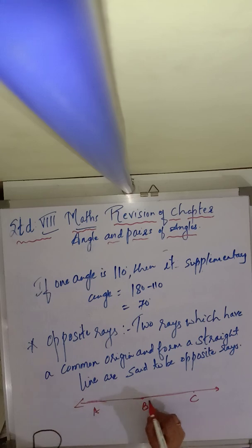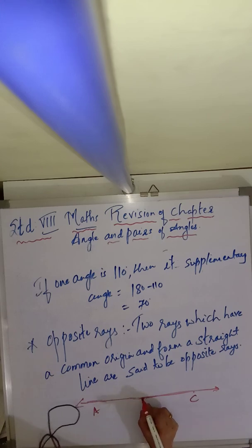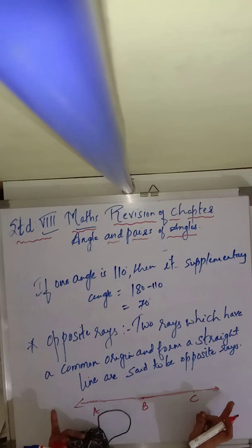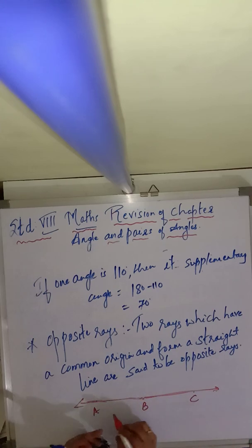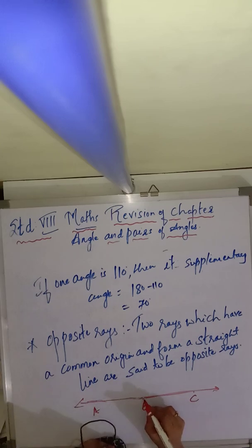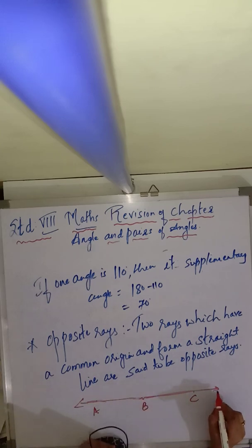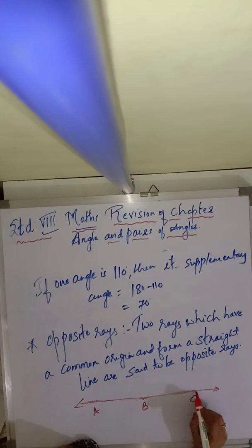Two rays, ray BC and ray BA, are originating from this point B. Both rays form a straight line and have a common origin, point B. Yes or no? So such two rays which originate from a single point and form a straight line are said to be opposite rays, ray BC and ray BA. Clear children?